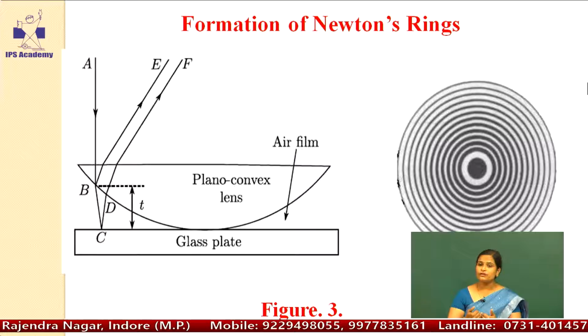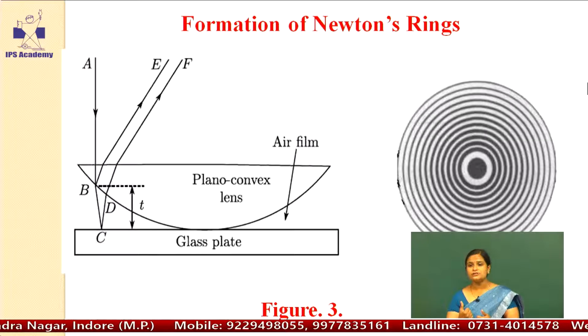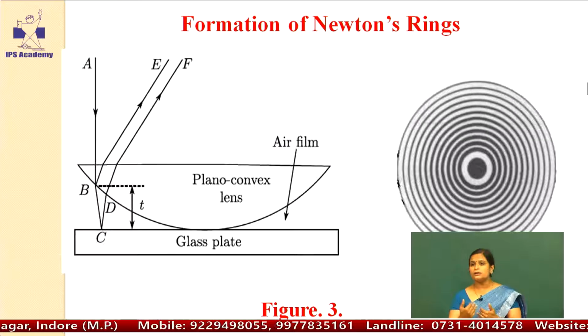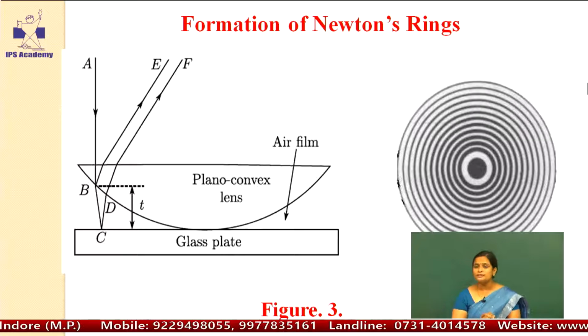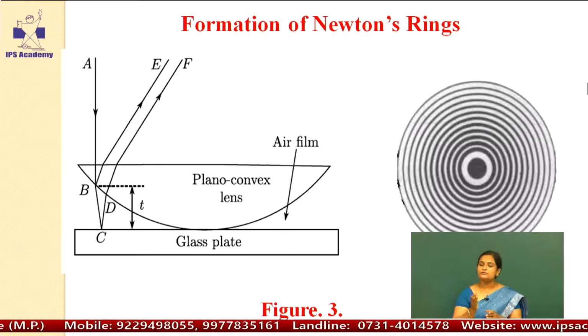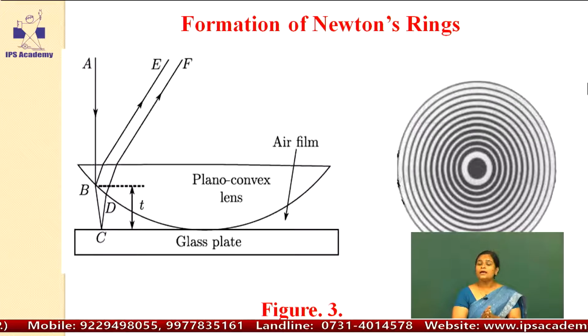One is a dark fringe and another one is a bright fringe, obtained in the form of Newton's ring, and this was observed first by Newton. Hence this is known as Newton's ring experiment.